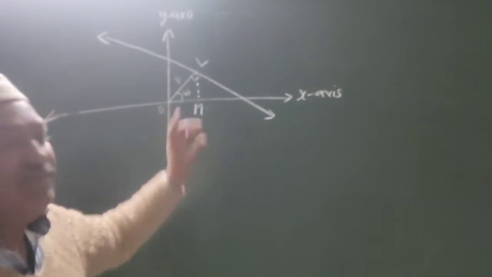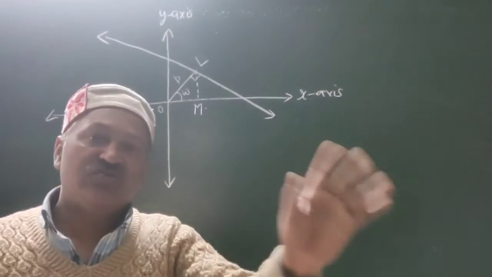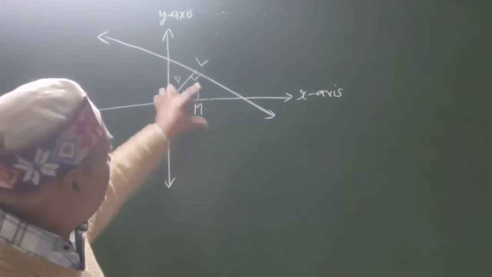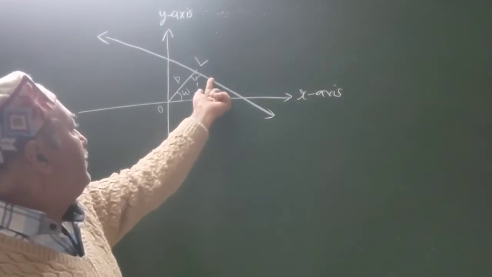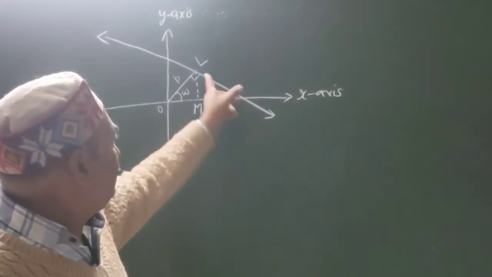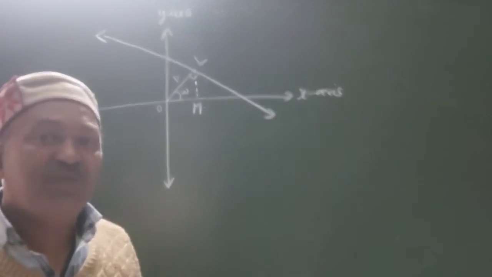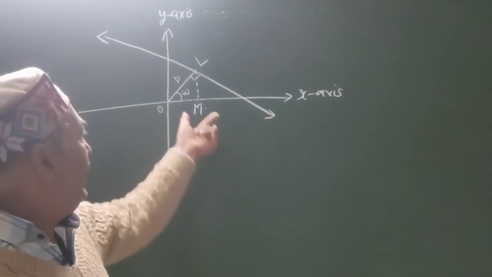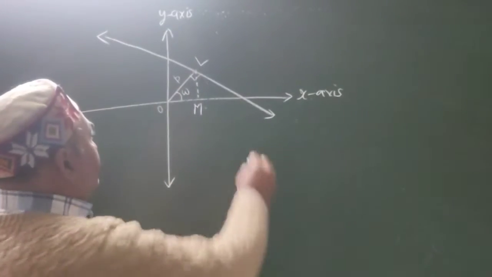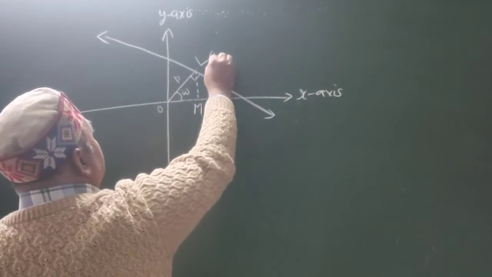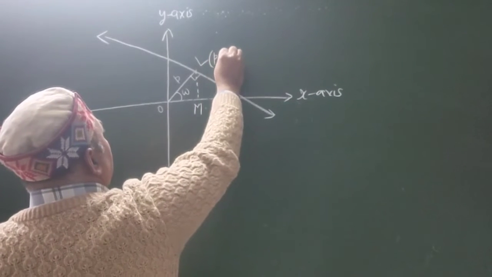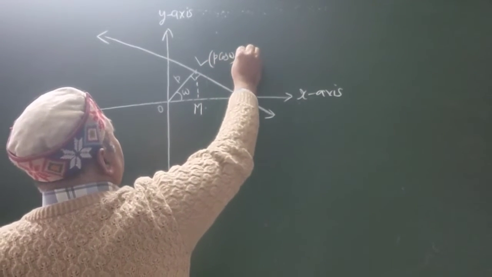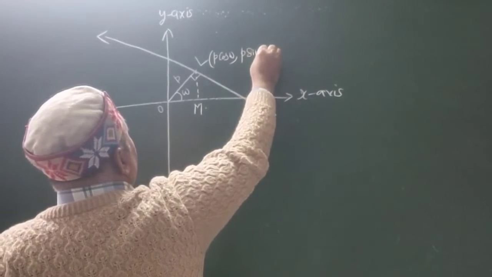Therefore, value of OM will be equal to P into cos omega, and value of LM will be equal to perpendicular upon hypotenuse, that is sin omega. Therefore, value of LM distance will be equal to P into sin omega, and this distance and this distance gives the coordinate P into cos omega, comma P into sin omega.